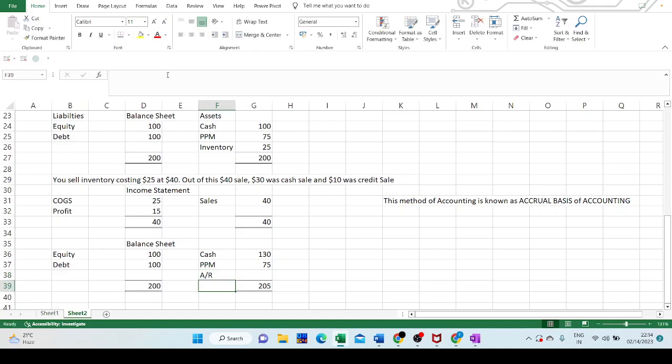Accounts receivable records the amount our customers owe us. So we made a credit sale of $10, so our customers owe us $10. So we'll report accounts receivable as $10.